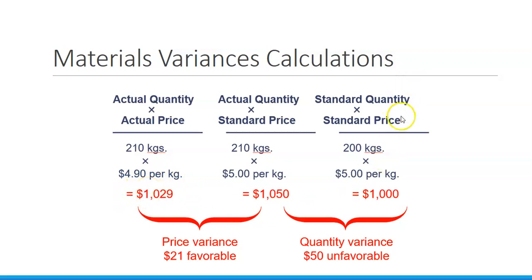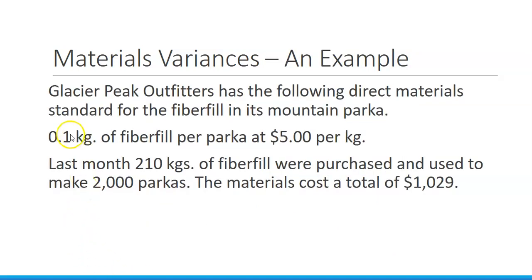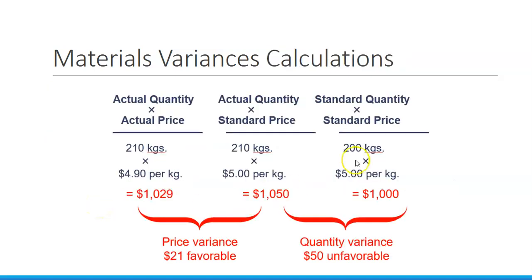Our standard quantity and standard price, you see on the previous slide, we use 0.1 kilograms of fiberfill. So we would take 2,000 parkas times 0.1, and that is how we get the 200 kilograms of fiberfill. That's the standard quantity.